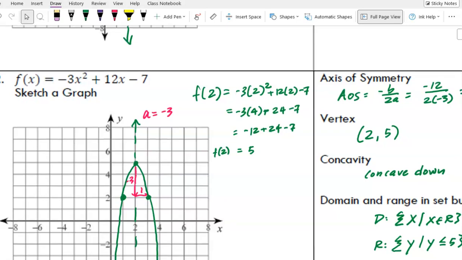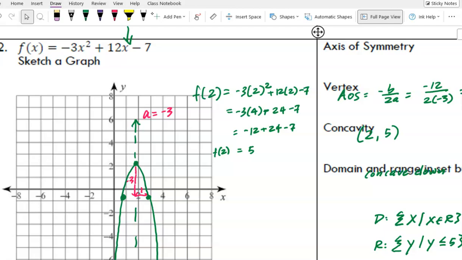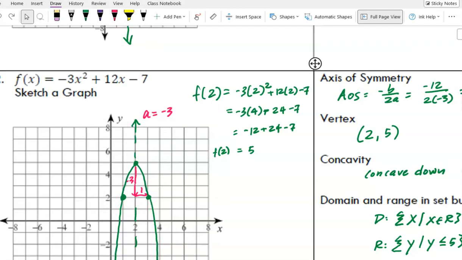And once you plot your vertex, you can get the next point by going, since the a value is -3, that's -3 over 1. So that means down 3 and to the right 1. And so down 3, 1, 2, 3, and to the right 1. And that'll give you that next point.